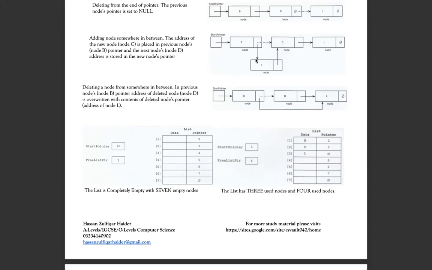How that's possible is simple: I will take the pointer position value of this node and copy it to this new node, so that this new node starts pointing towards the next node available after this one. And this node, which is node number 6, index position 6, will be assigned here.